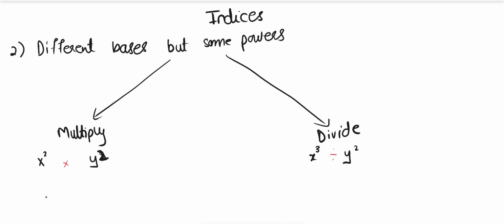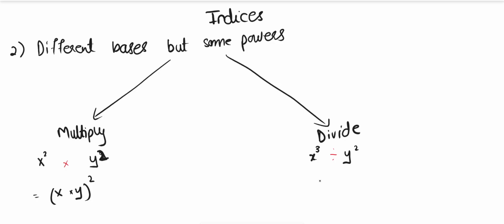In this case, in the final answer, we are going to be having x multiplied by y in a bracket, and 2 is going to be the overall power, right? 2 is going to be the overall power.